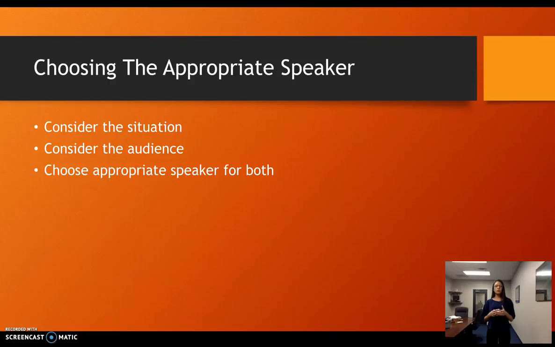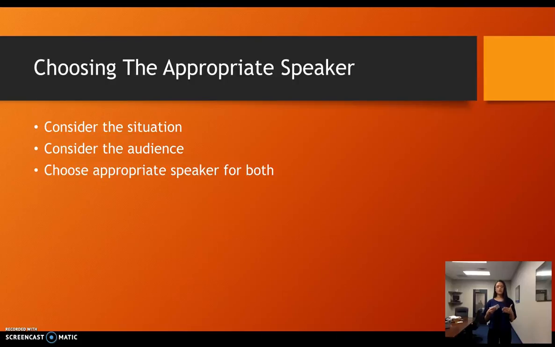So, choosing the appropriate speaker. In order for an organization to choose the appropriate speaker, they must assess the situation first. If the situation involves women's rights, for example, you're not going to choose a male speaker to speak to a group of women under this type of crisis situation.